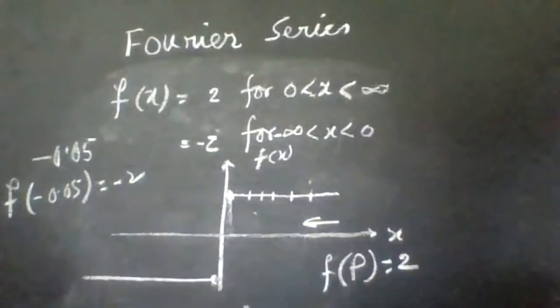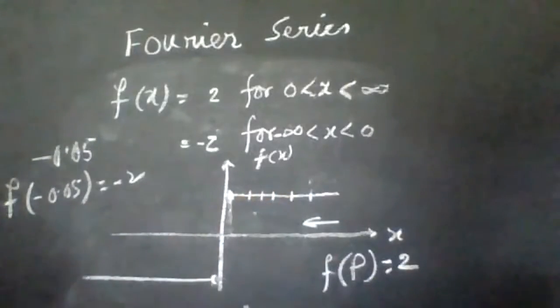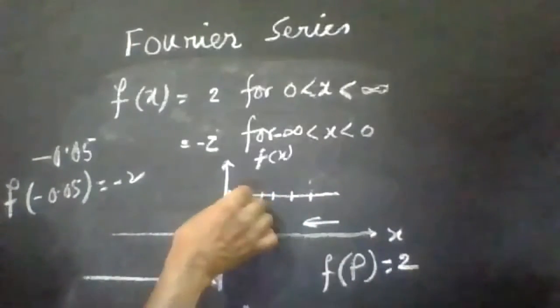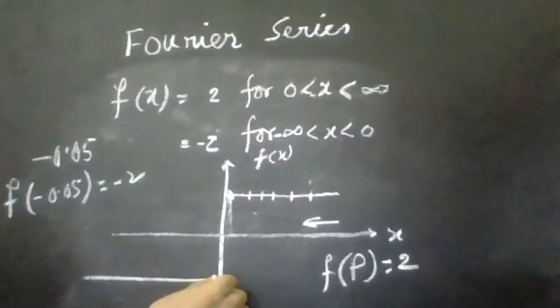So they are not continuous. Let me give you a very simple definition of continuity, where continuous function means that you can draw its graph without lifting the pencil. But if you draw it from here, at this point you will have to lift the pencil, put it again here.